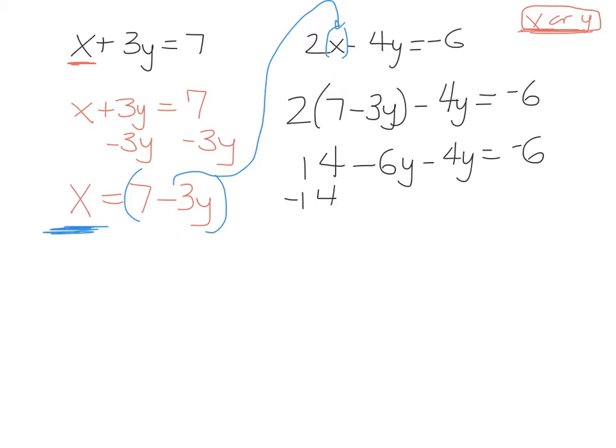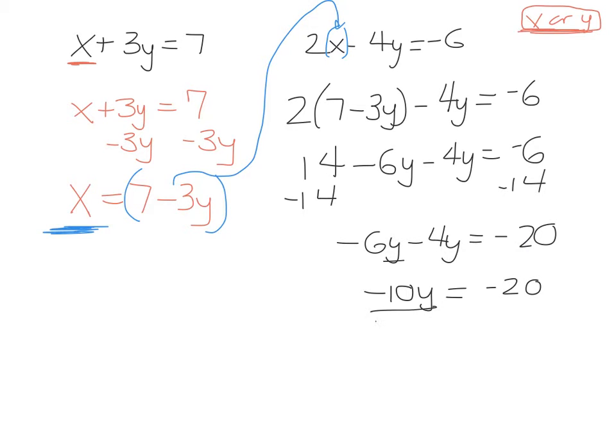You could subtract the 14 if you want. When I subtract the 14, I have negative 6y minus 4y equals negative 20. I'm going to combine these like terms. Gives me negative 10y equals negative 20. Divide both sides by negative 10, and y equals positive 2.